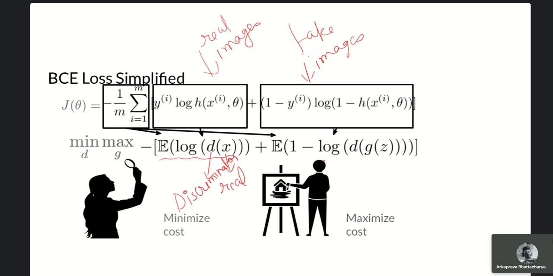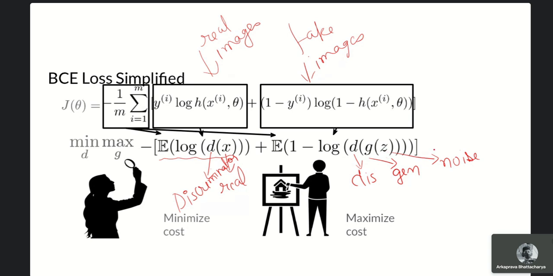Now, if we look at the right part, D is the discriminator, G is the generator, and Z is the noise. It tells us the performance of the discriminator over an image generated by the generator G when it takes noise as input.